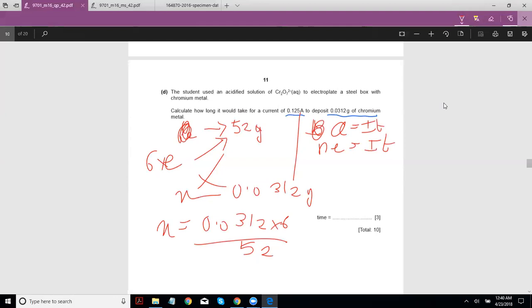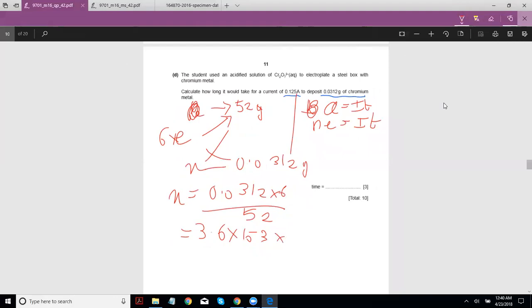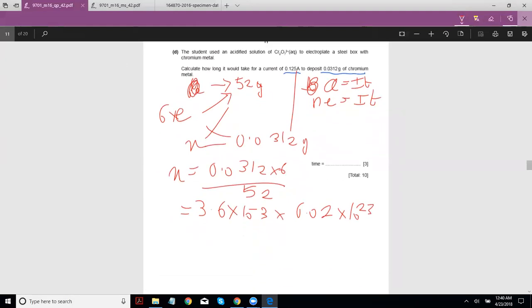So you take the number of electrons, which was X, which came out as 3.6 into 10 to the power minus 3. That is moles, right? So multiply by Avogadro's number, 6.02 into 10 to the power 23, to get the total number of electrons.